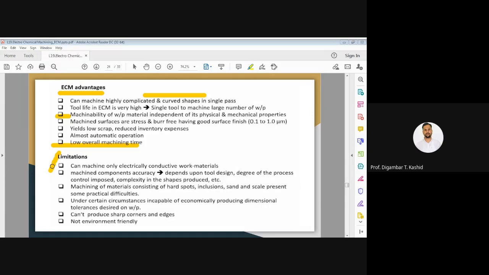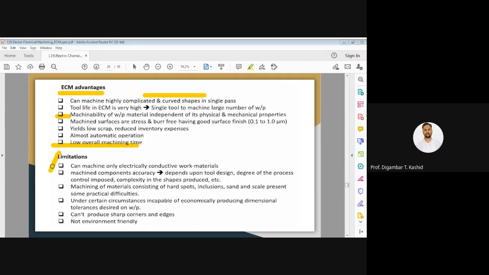The machine component accuracy depends on your tool design, the degree of process control, the degree of process controlling force, and the complexity of the shapes produced.